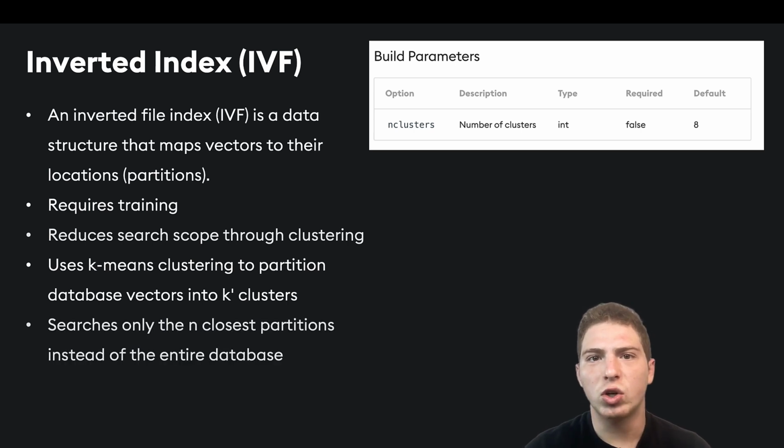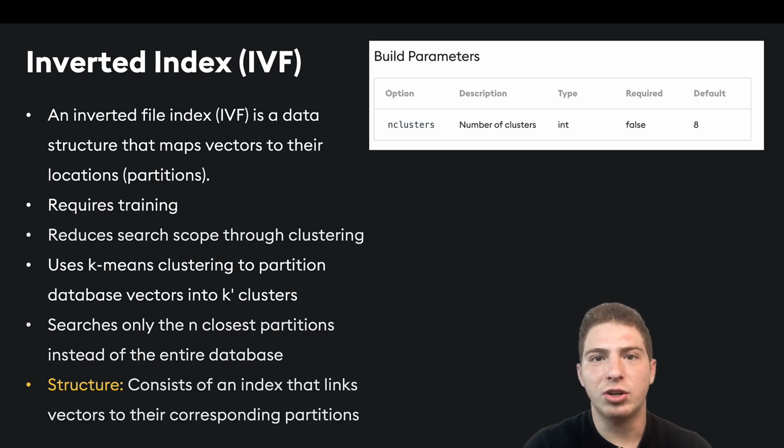And then instead of searching your entire database when it's comparing document vectors to query vectors, it only searches the n closest partitions to your query vector. And you could determine the number of clusters or partitions that you search at runtime.